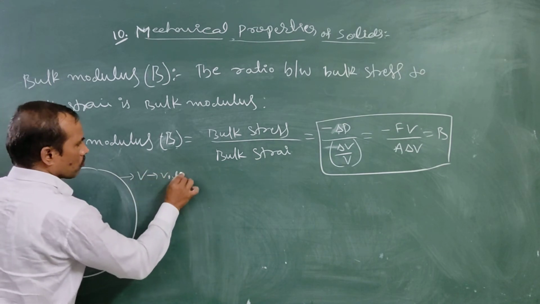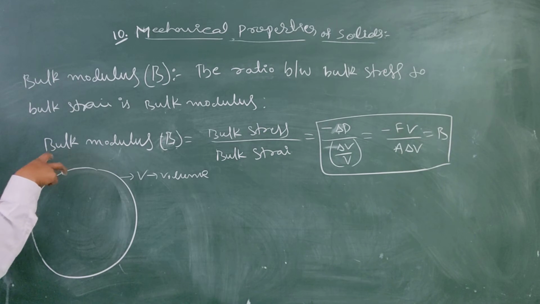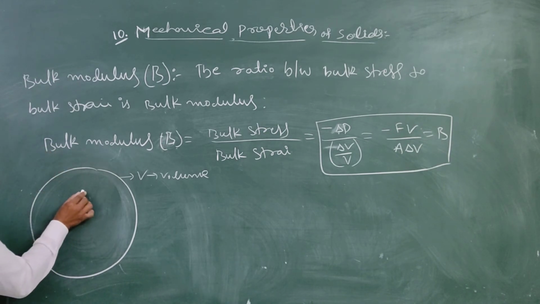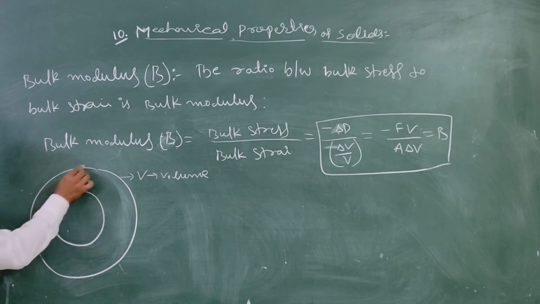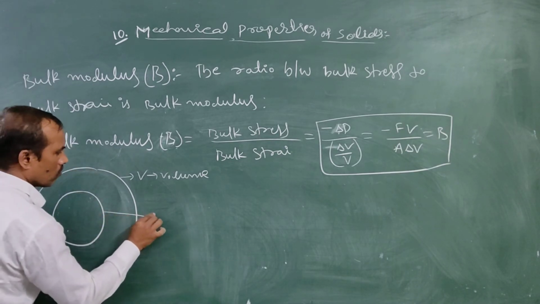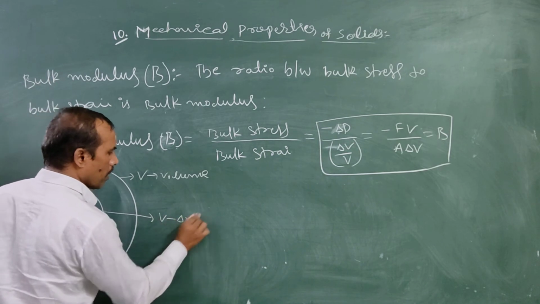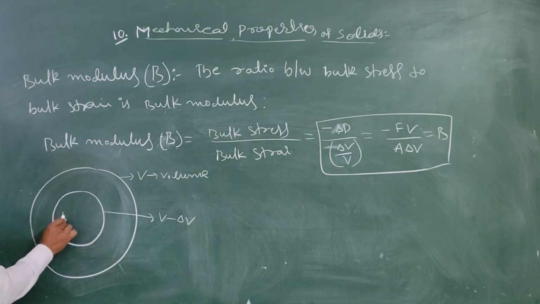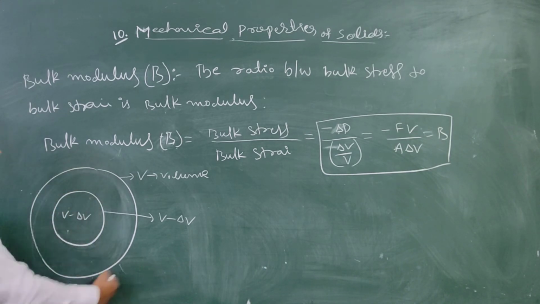After it is immersed, this volume is decreased. This is the final volume, V minus delta V. This is the change in volume, and this one is the original volume of the sphere.